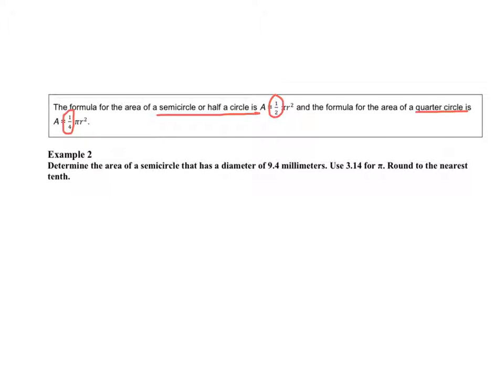This says determine the area of a semicircle. So a semicircle is half of a circle. Go ahead and draw it out with a diameter of 9.4 millimeters. Go ahead and label all the way across. Now this means we're using the formula area equals 1/2 of a circle, and of course pi r squared.